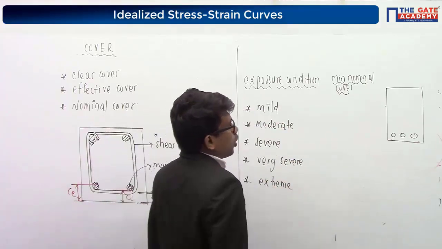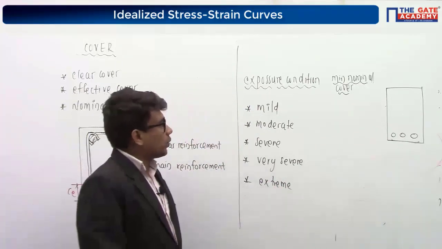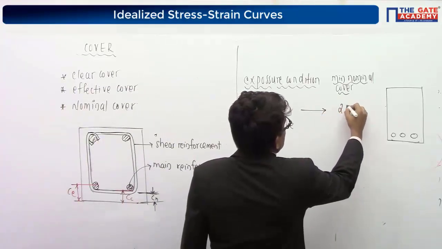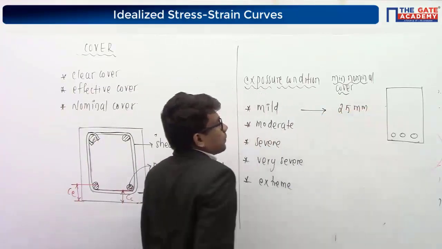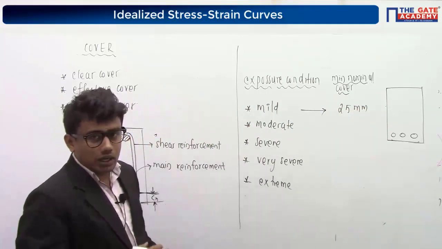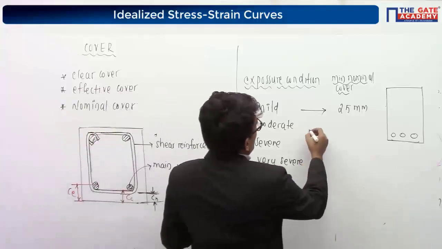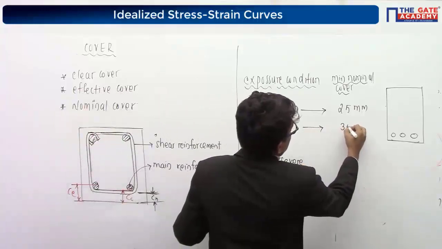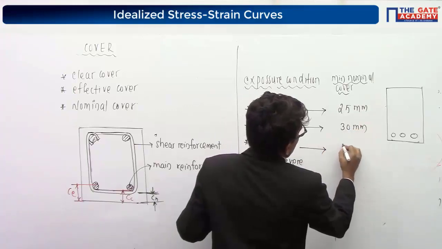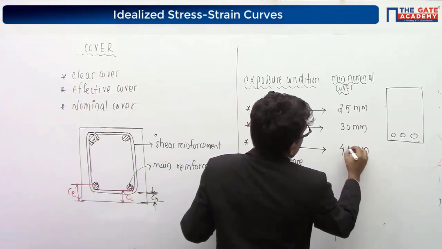What is the minimum nominal cover value given by our IS 456-2000 for the mild exposure condition? The value is 25 mm. We have to provide a minimum of 25 mm as our minimum nominal cover for the mild exposure condition. For moderate exposure condition, it is 30 mm, and for severe condition, it is 45 mm, I guess.